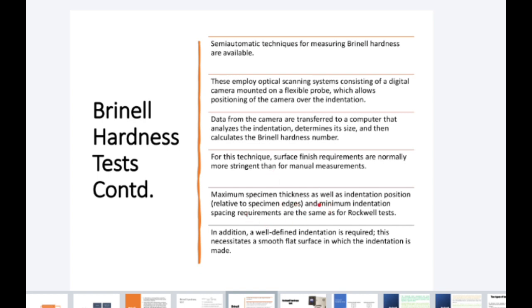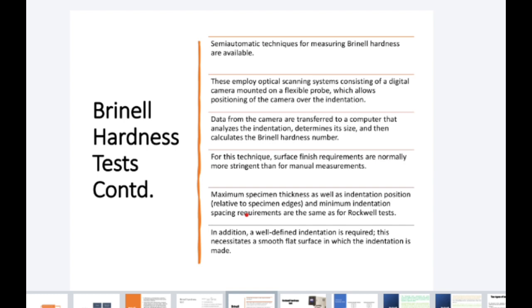So maximum specimen thickness as well as the indentation position relative to the specimen edge and minimum indentation spacing requirements are the same as for the Rockwell test. So for the maximum specimen thickness, the indentation position and minimum indentation spacing is required. So if you want to do indentation here, here, here, with automatic, very little spacing is required between the indentations.